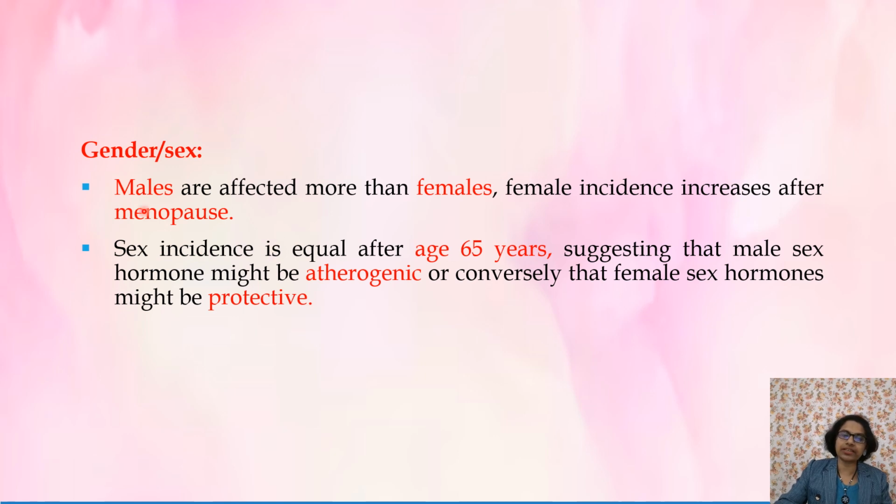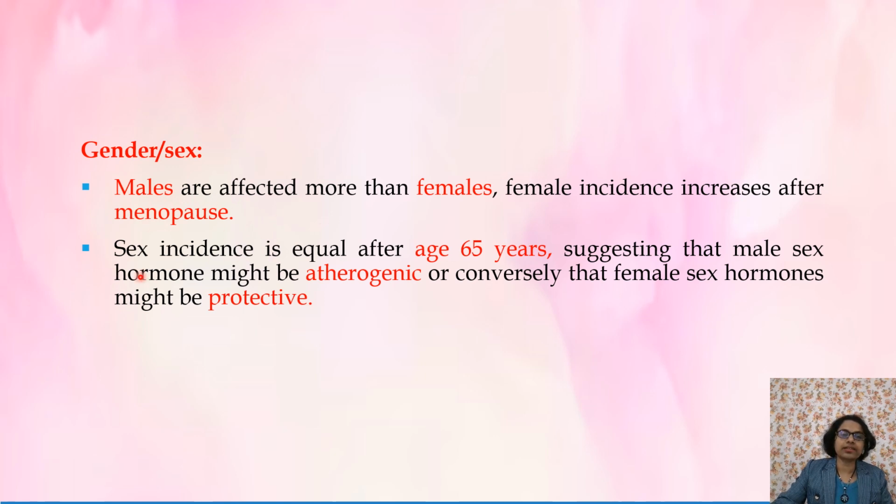Basically, men are more prone to developing atherosclerosis than women. But once a woman attains menopause, both genders are equally at risk. Menopause means complete cessation of menstruation in females.